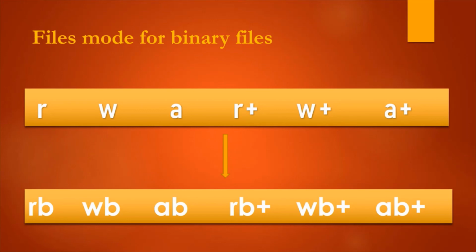For example, the read or R mode in the text file is similar to RB mode in binary files. The only difference is that we are adding a B after R. Similarly, all the other binary file modes are similar to their corresponding text file modes. So that was our binary file mode.